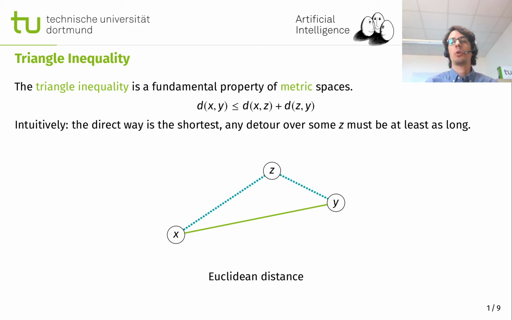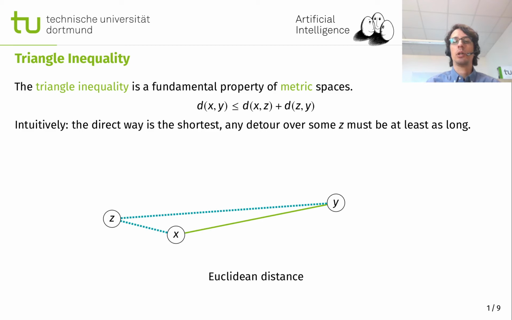And if we take a third point into account, the path usually gets longer. It can be as long, that's when we have equality, if the point is directly on the connection line. It can be significantly longer if z is in the wrong direction. So these are very similar cases.